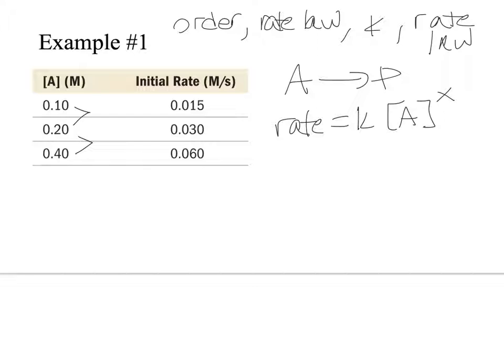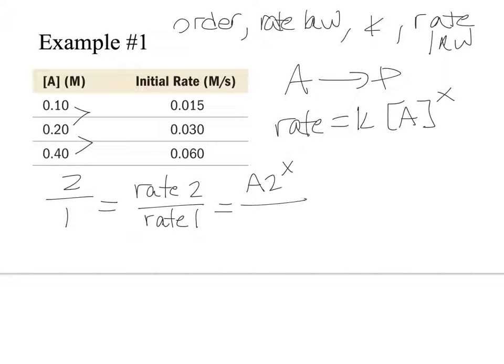So let's do 1. In this case, we need to put the larger number on top, so we're going to do 2 to 1. So I need rate 2 over rate 1 is equal to A2 to some order over A1.